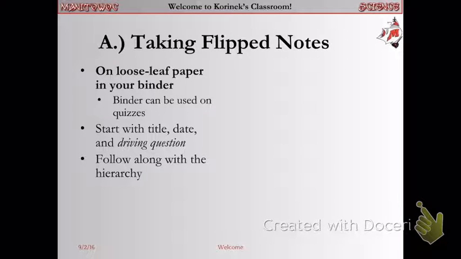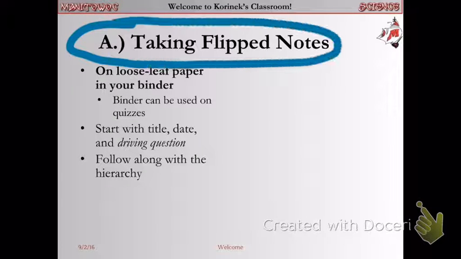You want to then follow along with the hierarchy. What I mean by that is indenting for specific lines. First of all, the first thing that you should have underneath the definition for chemistry is the A, taking flip notes. You then have bulleted points under that: on loose leaf paper in your binder. I then indent the next point: binder can be used on quizzes. So that's what I mean by hierarchy.